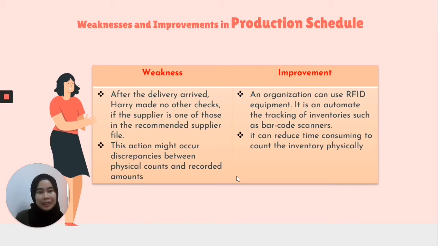Even though the person that accepts the delivery did not count the inventories upon arrival, the RFID will automatically count the inventories. The RFID system will reduce the chances of imbalanced inventory.